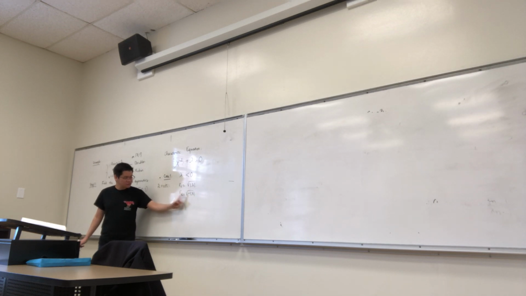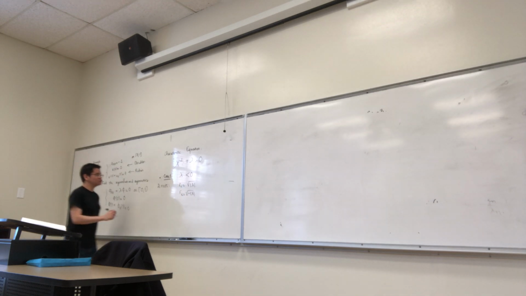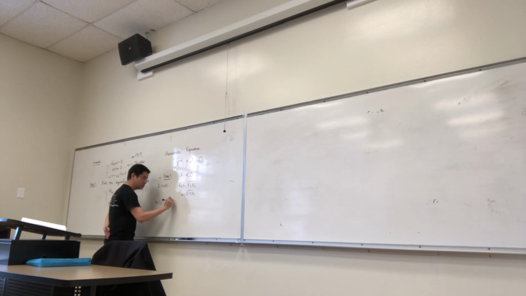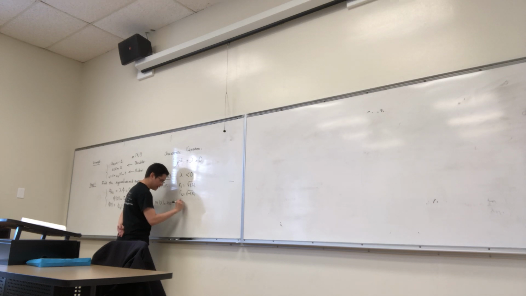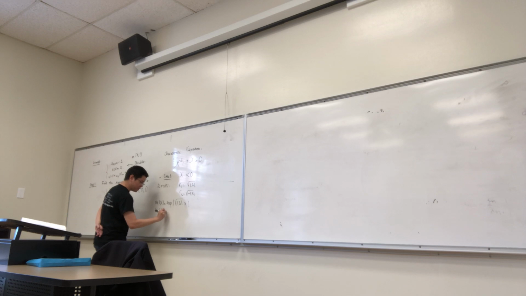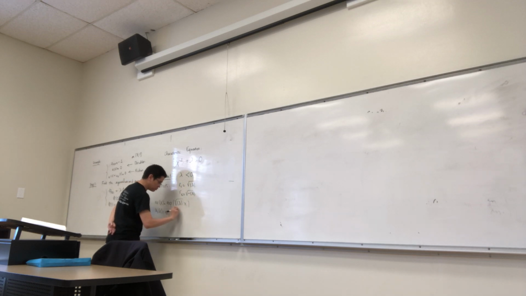And then you have two solutions: u1 of x will be exponential of square root of lambda x, and u2 of x will be exponential of minus square root of lambda x.